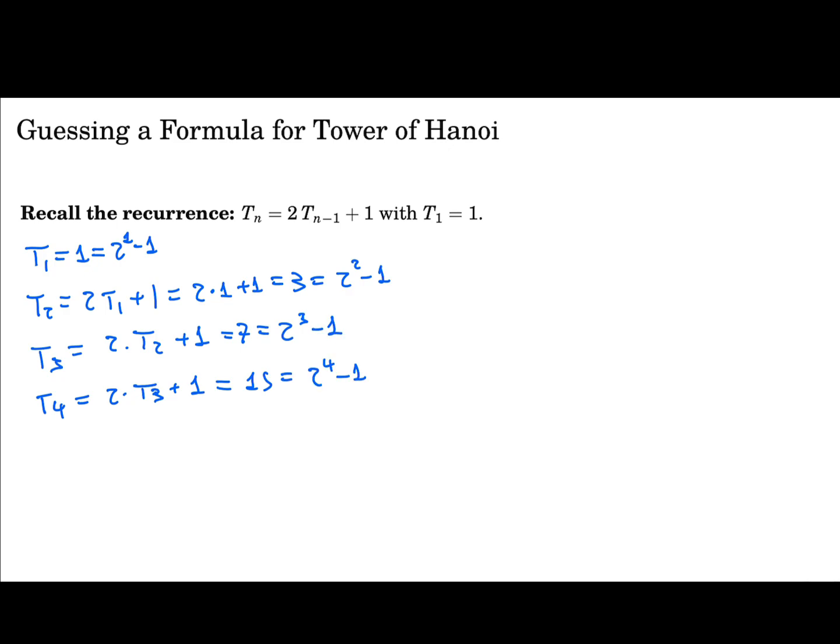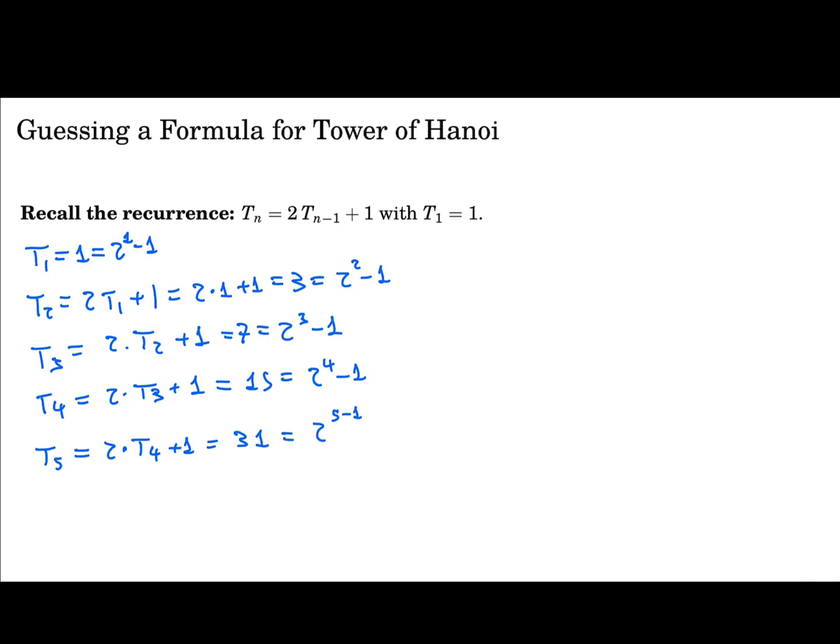Of course, this could just be a coincidence. We could check for T5. If it follows the rule, then 2 to the 5 would be 32, and then minus 1 would be 31. And T5 is 2 times T4 plus 1, so this is 15 times 2, 30, plus 1, 31. And so indeed it is 2 to the 5 minus 1.